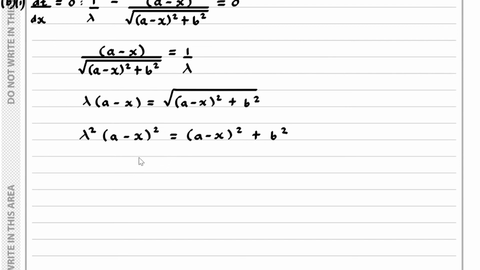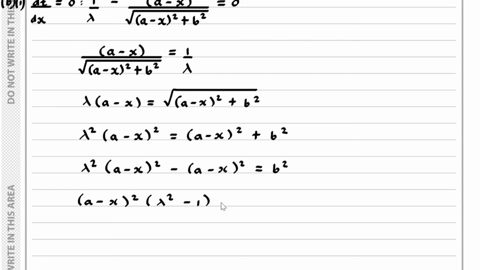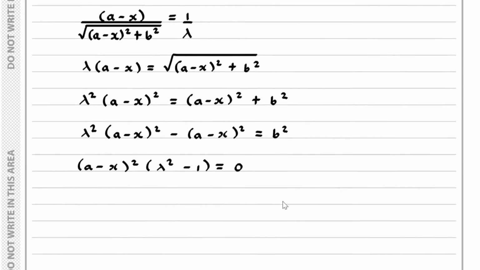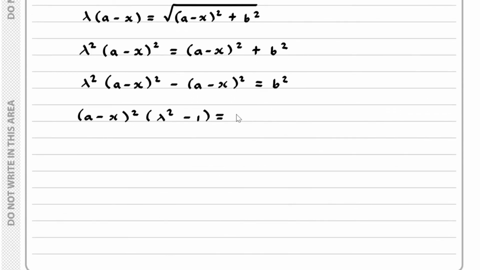And if we take everything over to one side involving an (a minus x) all squared, we have lambda squared multiplied by (a minus x) squared subtract (a minus x) squared equals b squared. And therefore, we've got (a minus x) squared multiplied by (lambda squared minus 1) equals b squared.